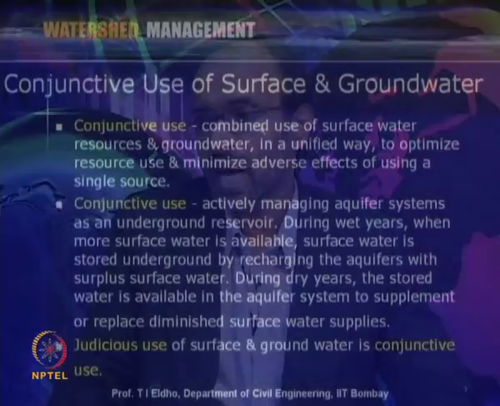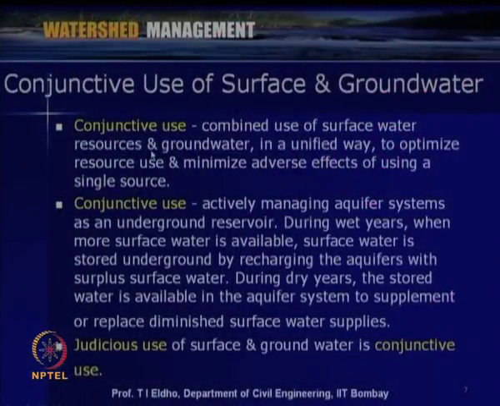We can define conjunctive use as the combined use of surface water and groundwater resources in a unified way to optimize water use and minimize the adverse effects of using a single source. So we optimize the use of both, minimizing the adverse effects of using either surface water or groundwater alone.